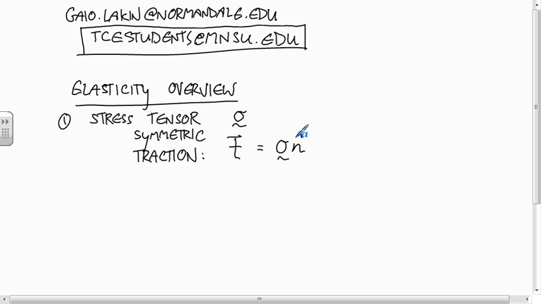Obviously, I'm going to go into more detail on all this stuff. And this will be really useful in defining boundary conditions when we go into problems.